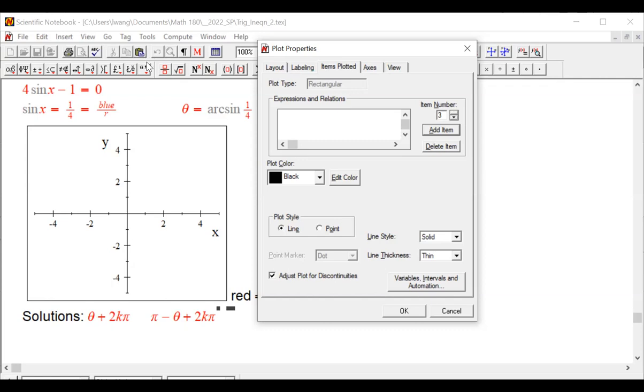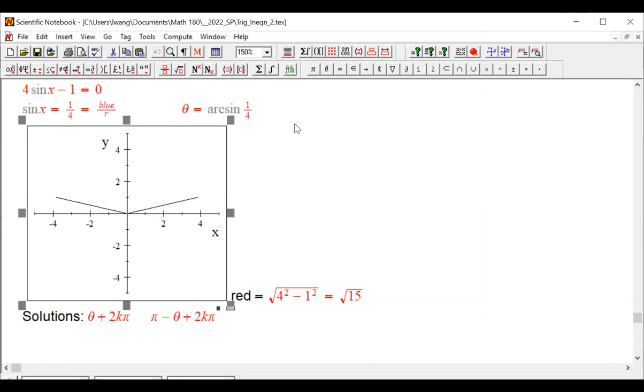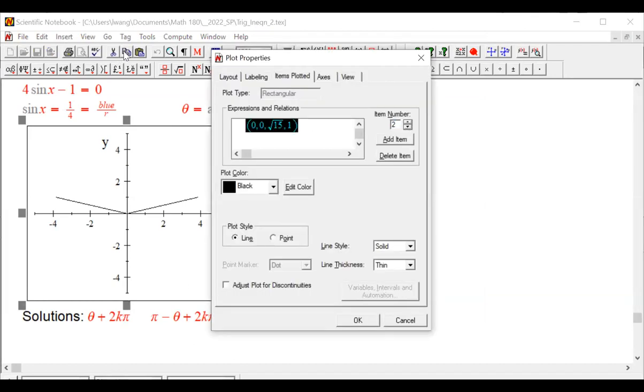Okay, we got 2 hypotenuses, the 2 blues, and the 2 reds.